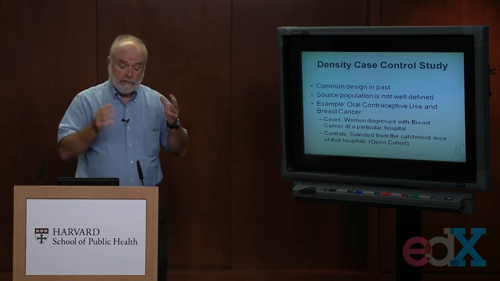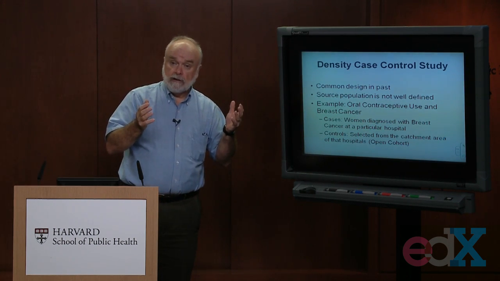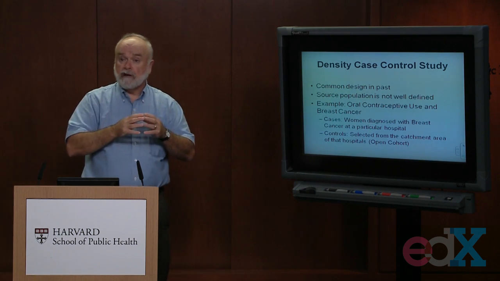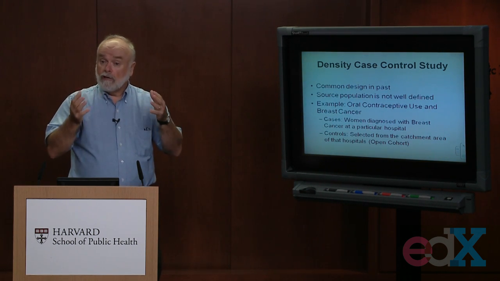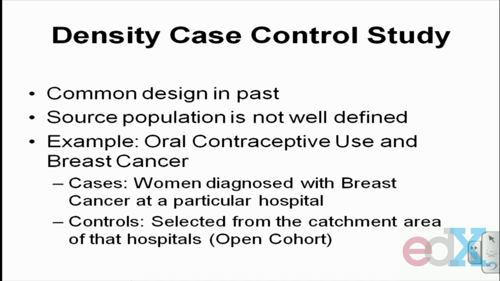But now imagine doing your study at your local institution. You have women diagnosed with breast cancer, and you're enrolling them as cases, and the problem is, what's the source population? What's the cohort study that existed in the past, that if you had created it and followed it forwards as a cohort study in the past, and looked at how many people developed breast cancer out of that cohort study, those outcomes of breast cancer would have been the same women who now you're enrolling in your case control study as your cases.